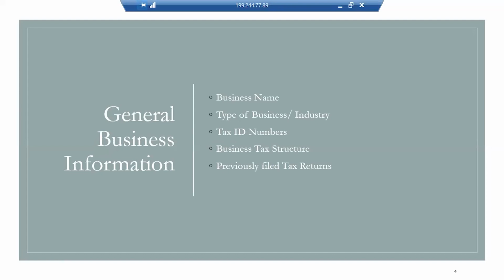I am a Kentucky CPA, so for Kentucky, there's a couple. There's a limited liability entity tax number that if you're an LLC, I would need that number. I can't speak for Ohio, but I'm sure that Ohio also has tax ID numbers at the state level that your CPA will need. I also will need to know a business tax structure. And then I probably am going to request previously filed tax returns.